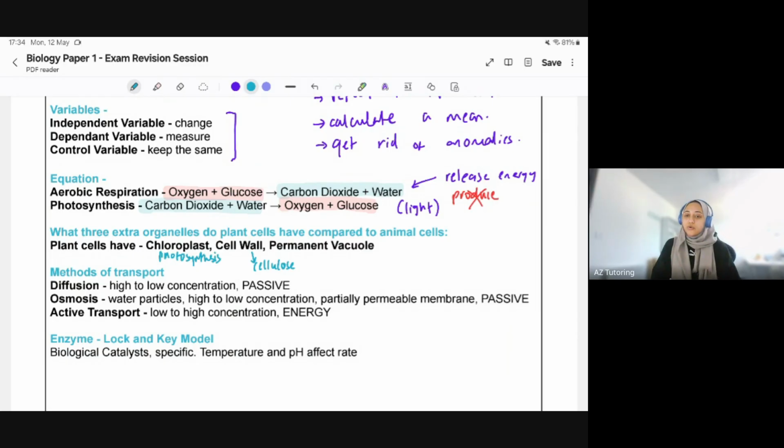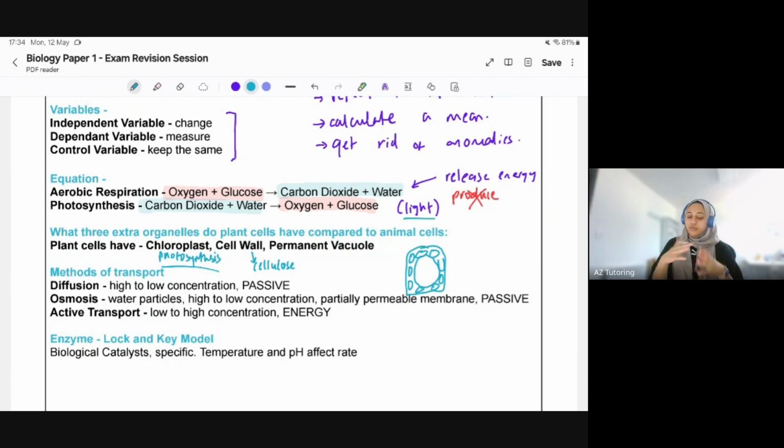The permanent vacuole contains cell sap, so nutrients for the plant cell, but another thing it does is that it's quite big in the center of the plant cell, and it pushes all the chloroplasts to the edge of the cell. Now, at the chloroplast, photosynthesis happens, and photosynthesis needs light.